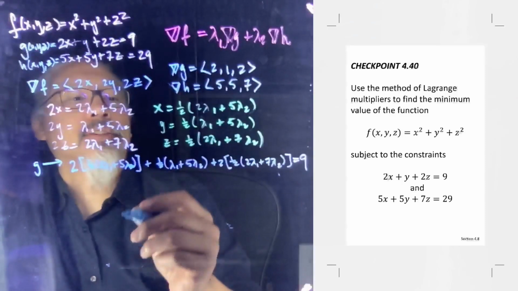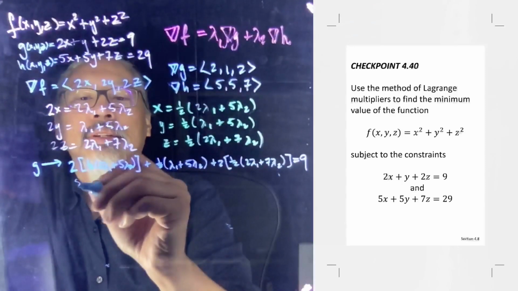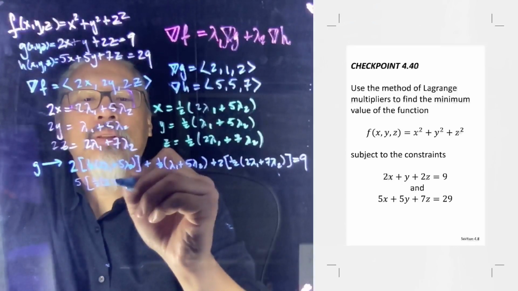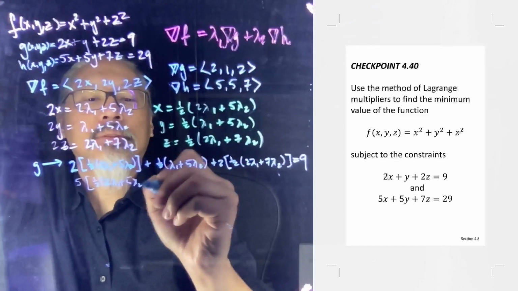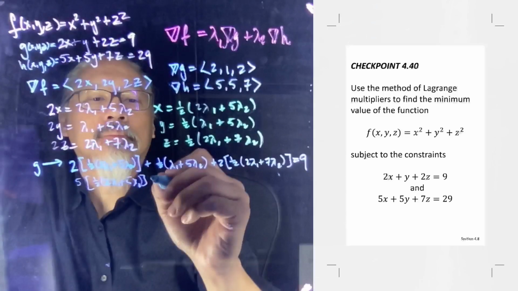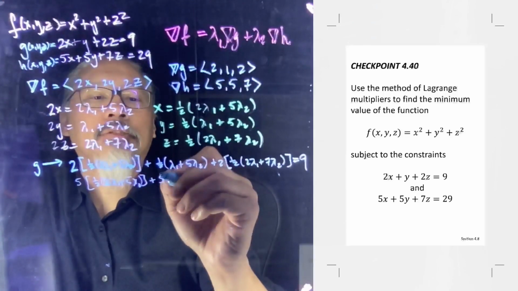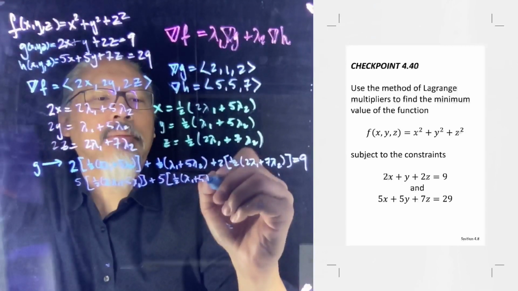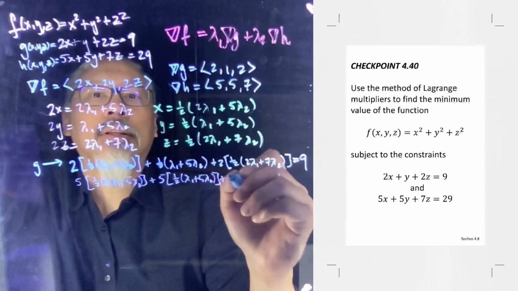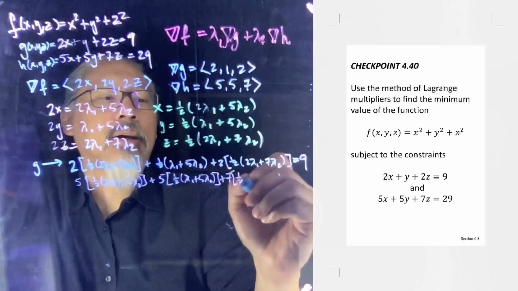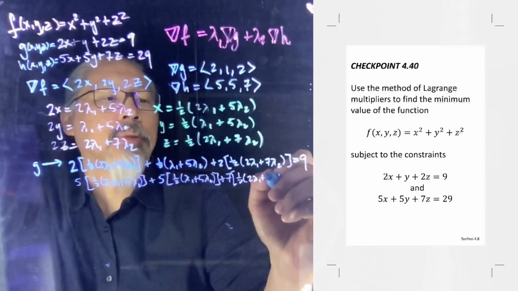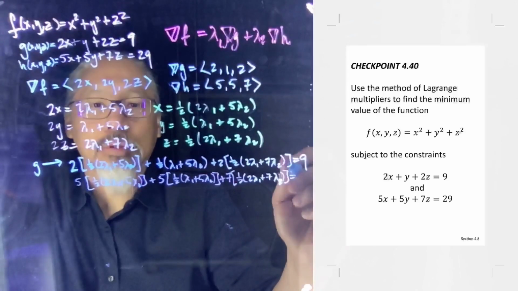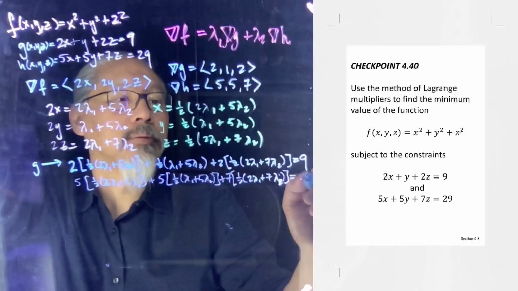Alright, that's our first super long equation. The second one is going to be 5 times all this stuff. It's 2 lambda 1 plus 5 lambda 2, plus 5y, 5 times 1/2 times lambda 1 plus 5 lambda 2, and then 7z, 1/2 times 2 lambda 1 plus 7 lambda 2, is equal to 29.